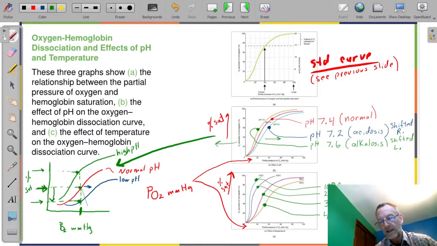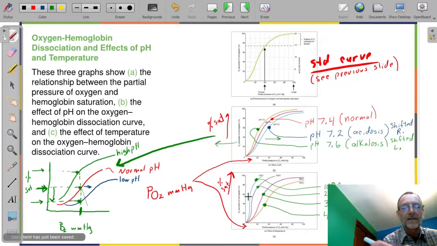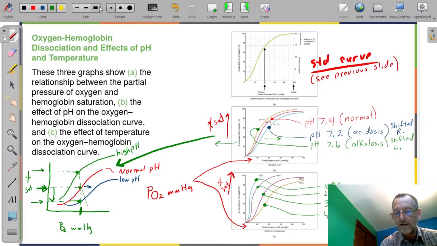Feverish. So again, the idea is to note how the oxygen and hemoglobin dissociate from each other as temperature changes. So again, the curve is shifting either to the left or to the right from normal. And does that promote or inhibit oxygen hemoglobin dissociation?